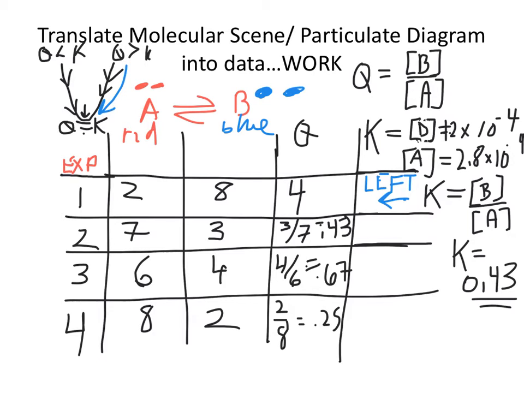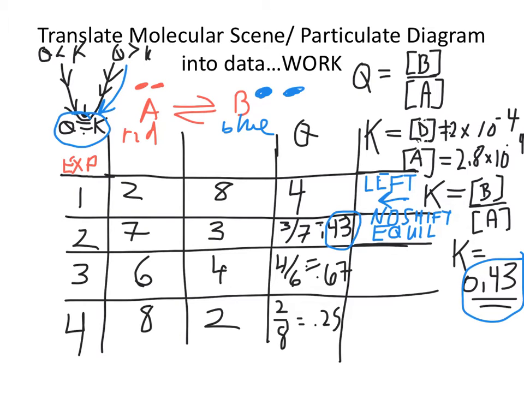In the case of number 2, we have a value of Q equal to 0.43. Well, it turns out that 0.43 is equal to the equilibrium constant. That puts us right down here at the bottom of the curve. So this means there's no shift and that the system is at equilibrium. No shift.